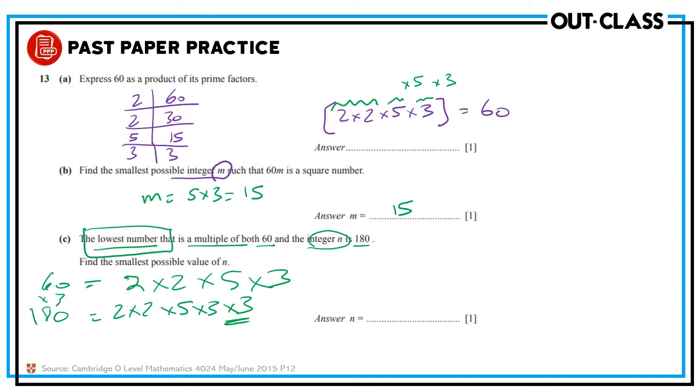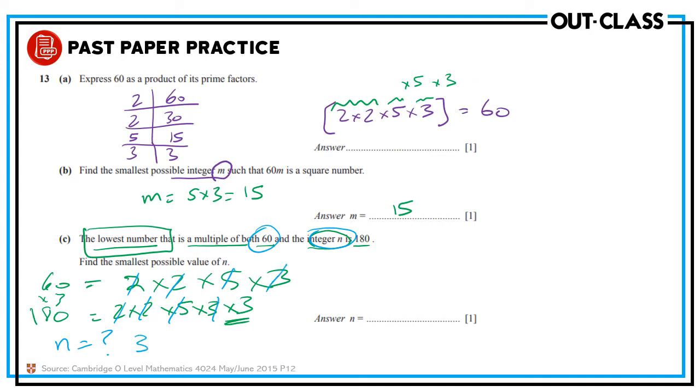For it to be a multiple of both 60 and n, the common factors can't all be there, otherwise you wouldn't need n. So n has to be a number such that, what are the common factors? So the 1, 2 get cut, these are common, this is common so far. Okay, so you're left with 3 times 5 now. If I cut even this out, now we're left with just 1 3.